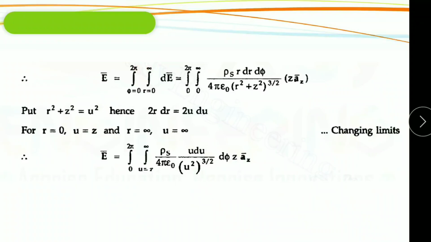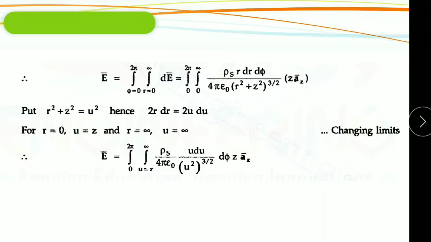So this is the expression for electric field intensity. The important note is that we neglect the ar components and only write the az components. That's why there is only the z az bar term.